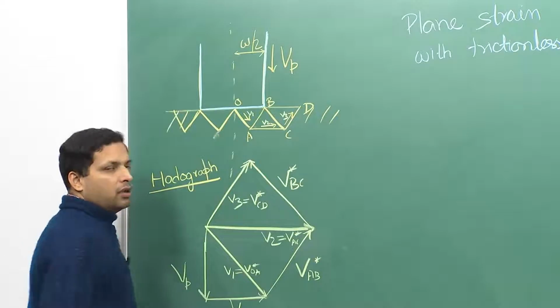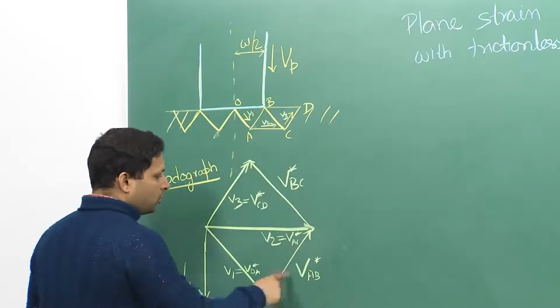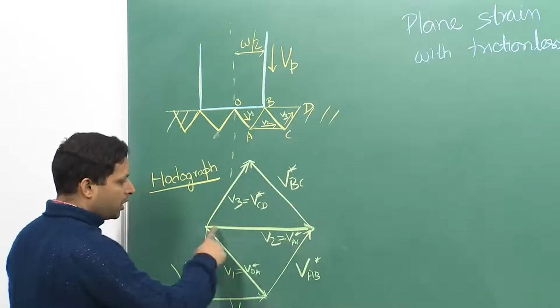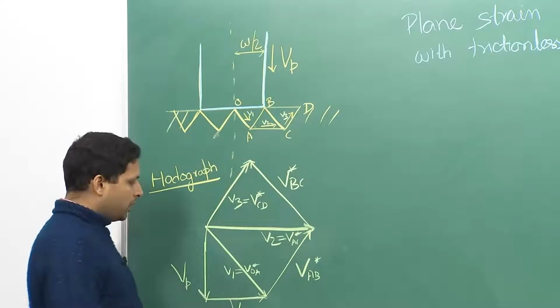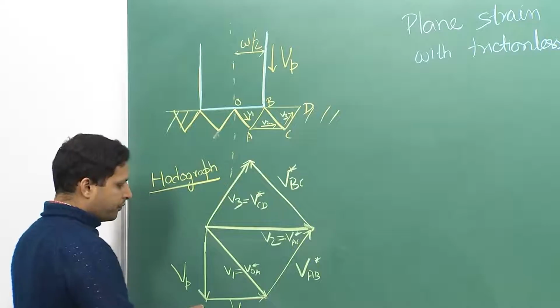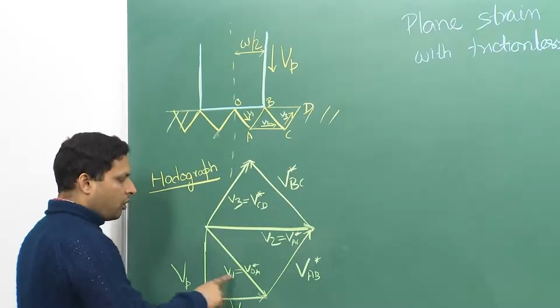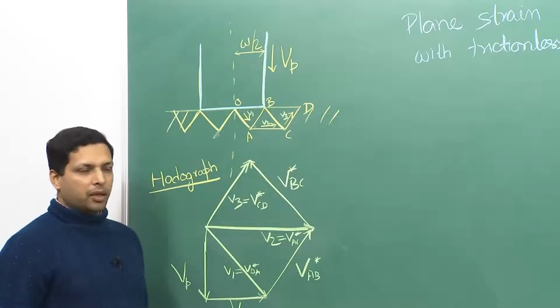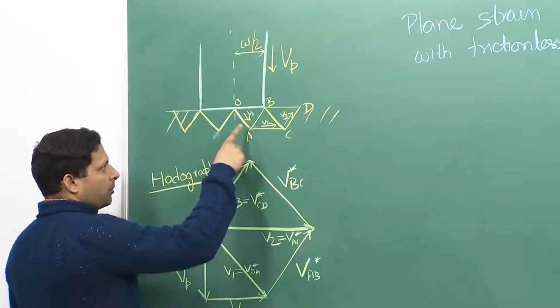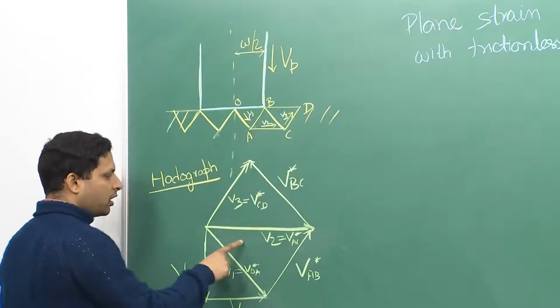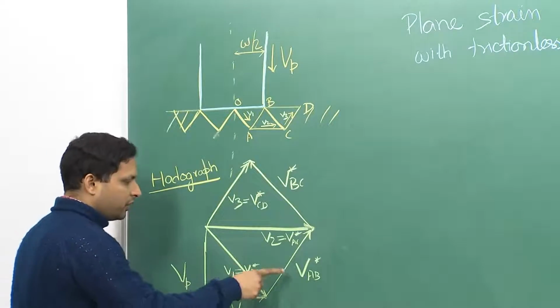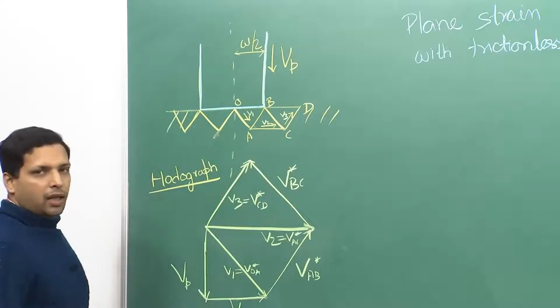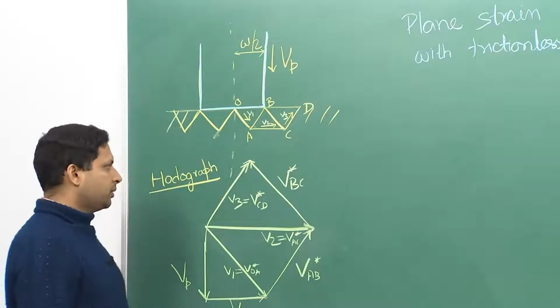These are our internal shear planes, also at 60 degrees, making this one also an equilateral triangle. If we know Vp, we can relate all the other velocities to it. From the geometry we can construct the hodograph, and from the hodograph we can relate the various velocities to Vp, as we saw in the previous lecture.